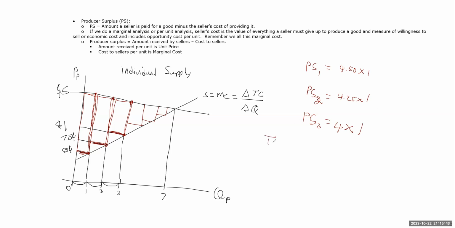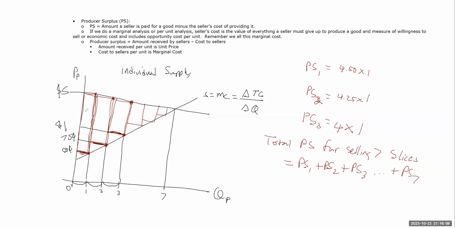Okay, so the total producer surplus for selling 7 slices is equal to PS1 plus PS2 plus PS3 all the way to PS7. Okay.